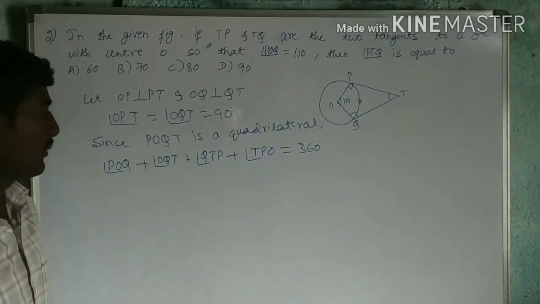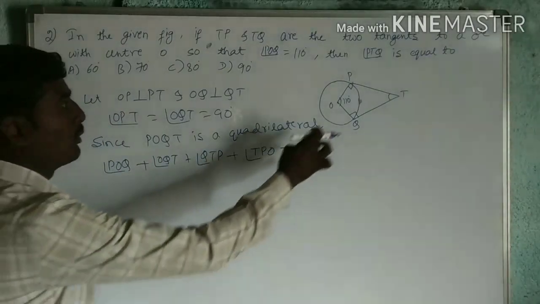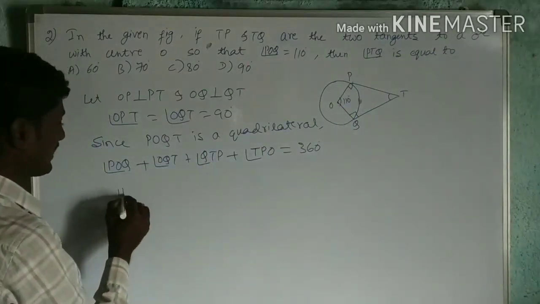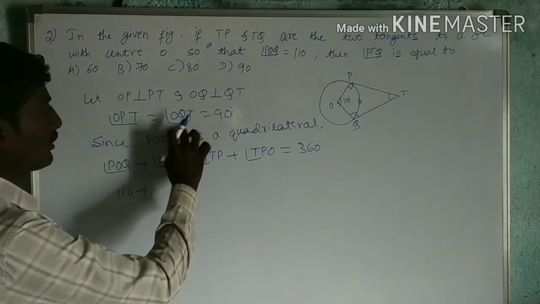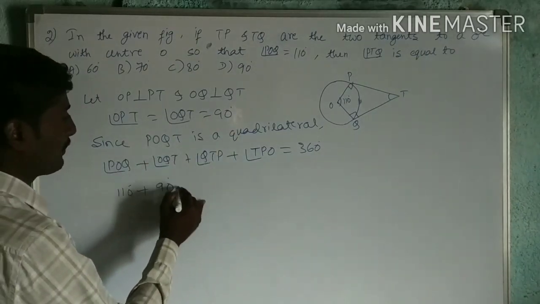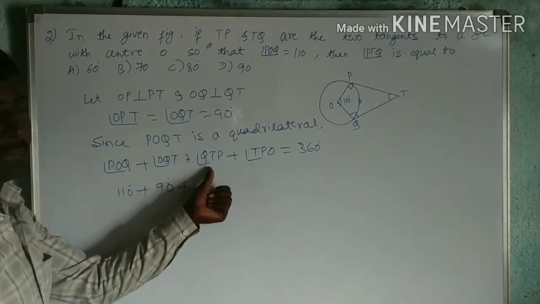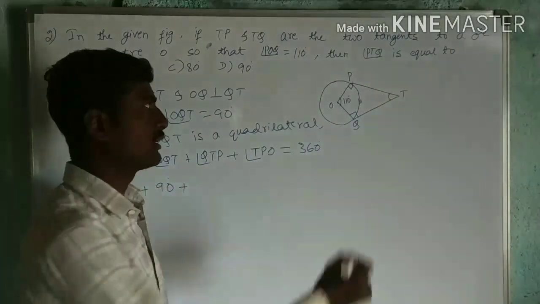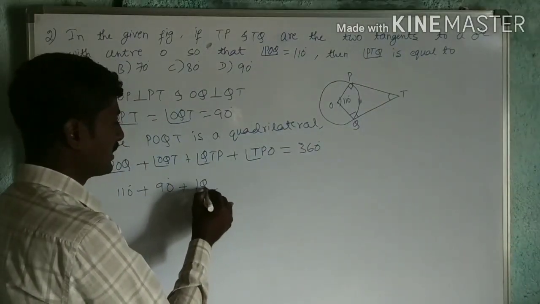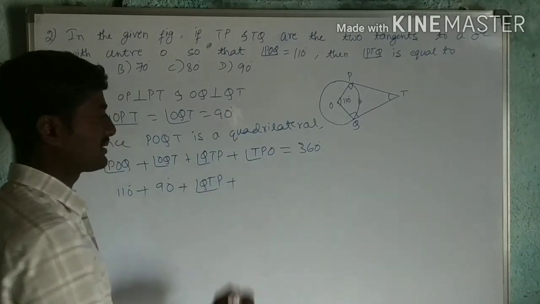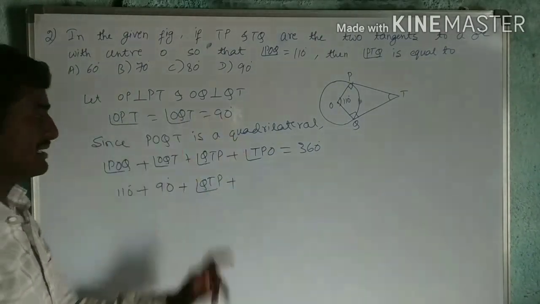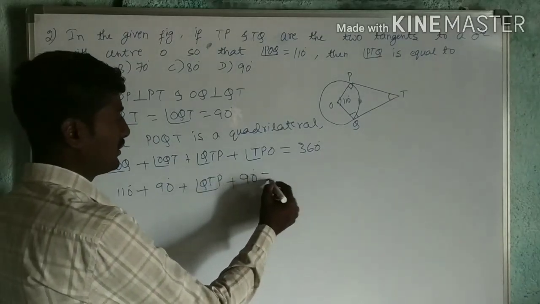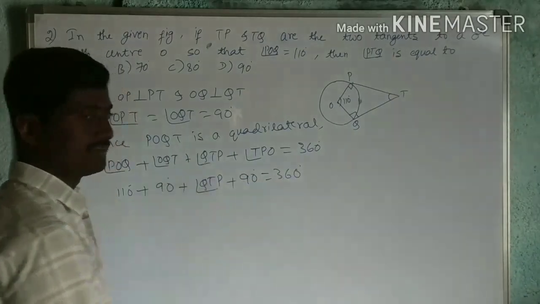Now let us substitute the values. Angle POQ is given, that is 110 degrees, plus angle OQT, which is 90 degrees, plus angle QTP, which we have to find, plus angle TPO. Angle TPO is also 90 degrees. So this is equal to 360 degrees.